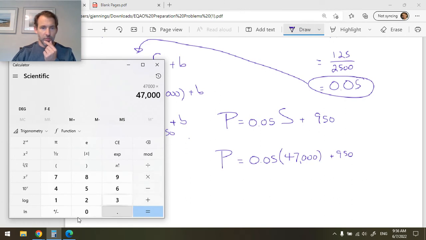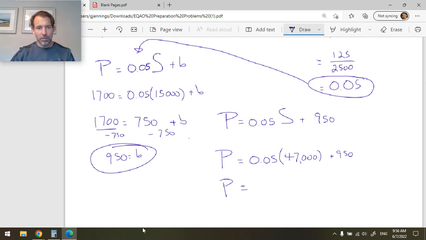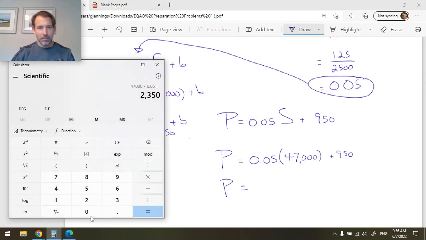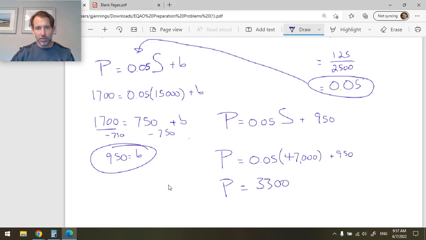47,000 times 0.05 equals 2,350. You divide it by 2. All right, so her total pay would be equal to this plus 950. Notice I did the BEDMAS right. I did the multiplication first, and then I added it to get 3,300.